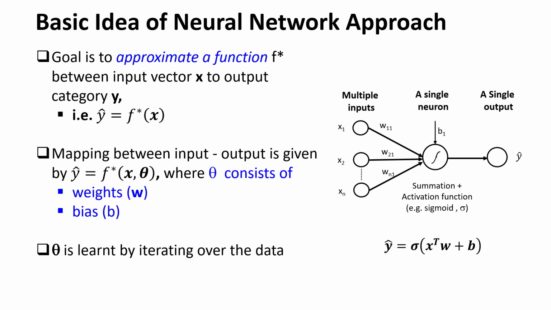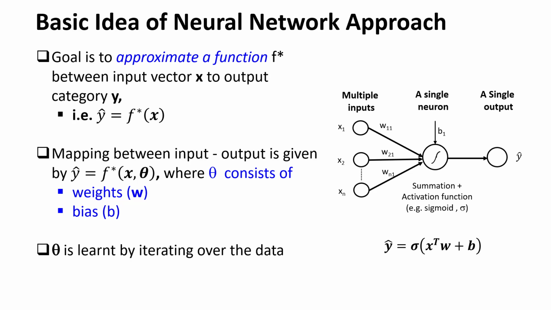Now, as you can see on the image on the right side, if one has multiple inputs x1, x2, xn, they are multiplied by corresponding weights to a neuron, and this multiplication is effected through a matrix operation in which you have multiplication with weights and addition of a bias term, which goes to the input of a neuron, and the output is generated through an activation function, which could be a sigmoid or many others that exist.